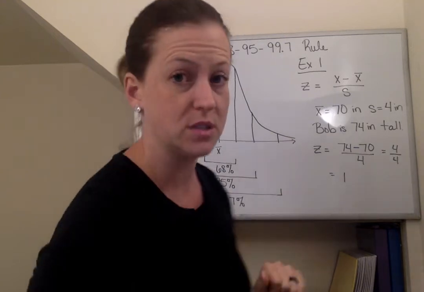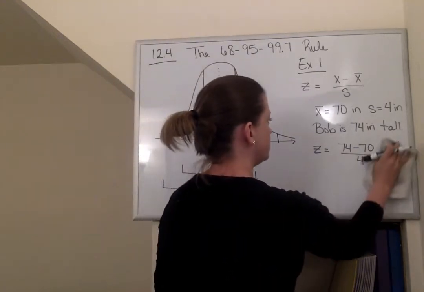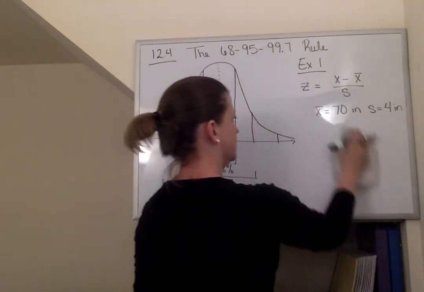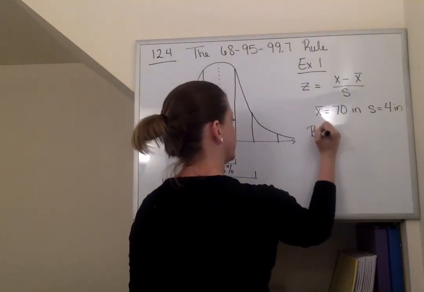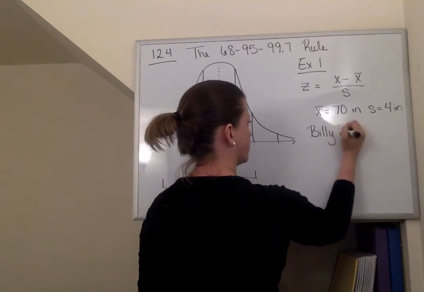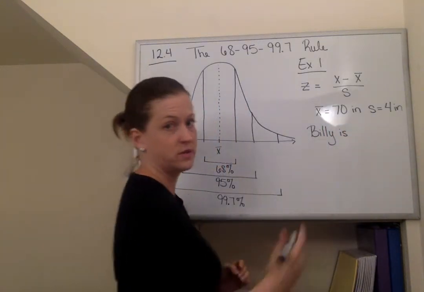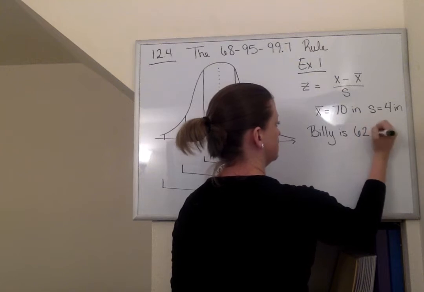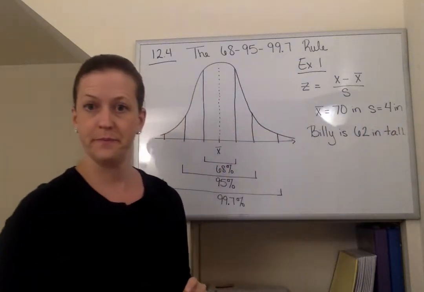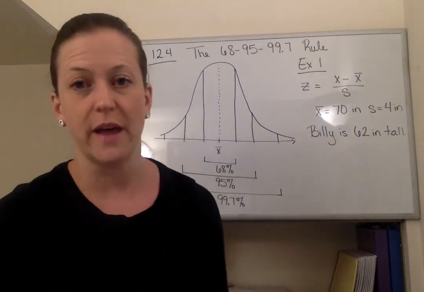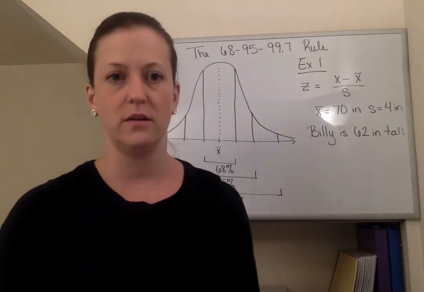Okay, so watch this. Let's do another one. Let's say that Billy is short. He's only 62 inches tall. What if I asked you how much below the mean is that? 8 inches.